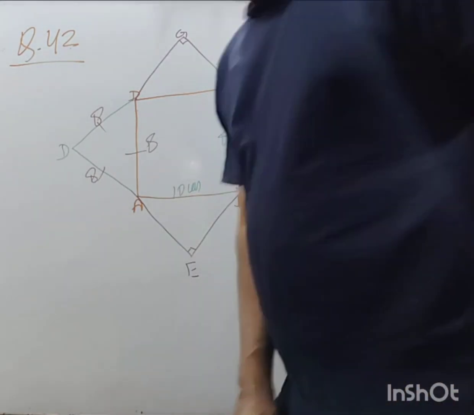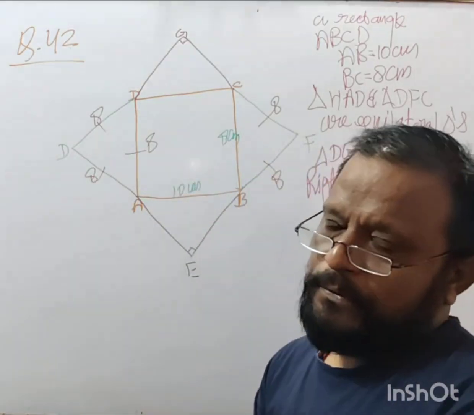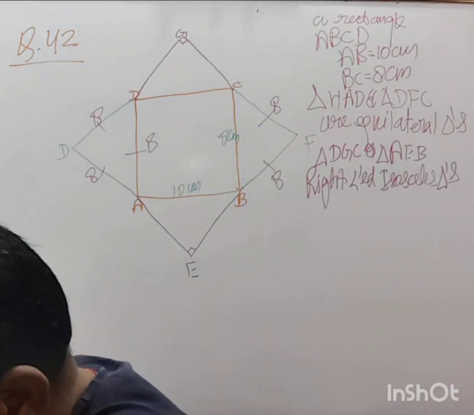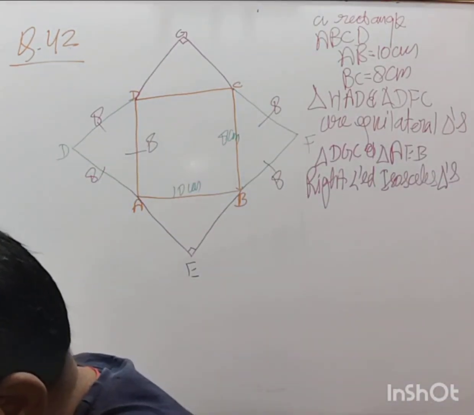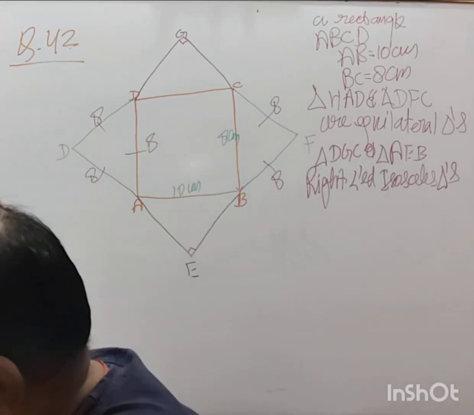Getting? Now what is asked? Find the area of the shaded region and the perimeter of the figure. Good.